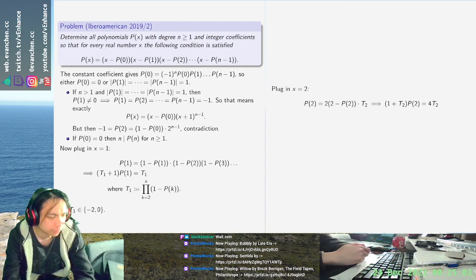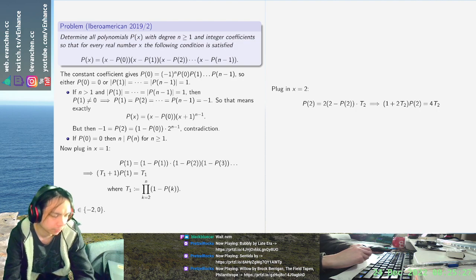One plus 2 t2 will divide 4 times t2. Wait, that's actually just... That also just never happens, right? So 2 is actually better than... Because 1 plus t2, twice t2 will never vanish.